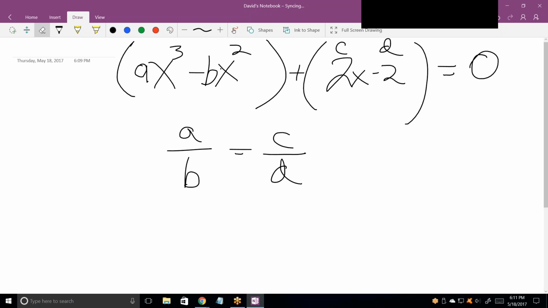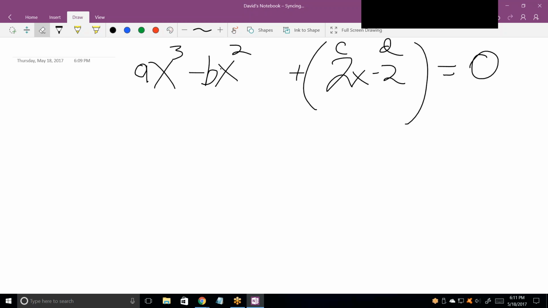That's what's required. The ratio of the first two coefficients has to be the same as the next two coefficients. And in this case, they are.